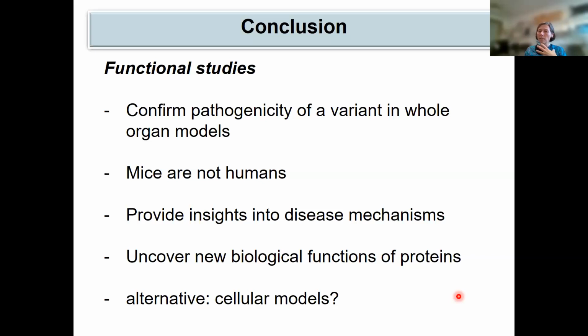One thing that keeps coming up is the role of protein quality control and protein turnover in cardiomyopathies. Mouse models can even help to uncover new biological functions of proteins, like the role of alpha-actinin in cell cycling.